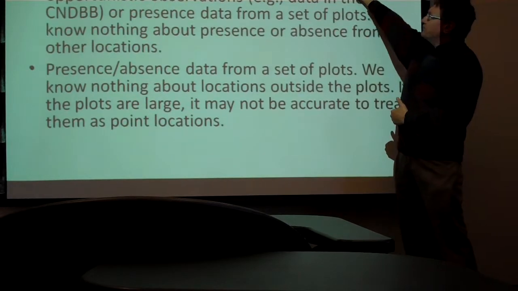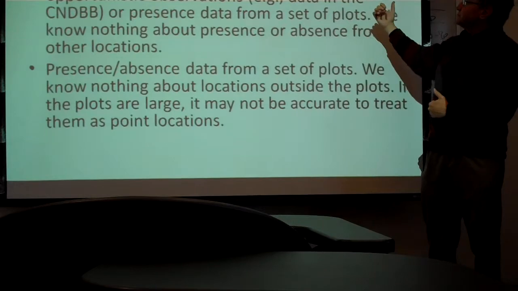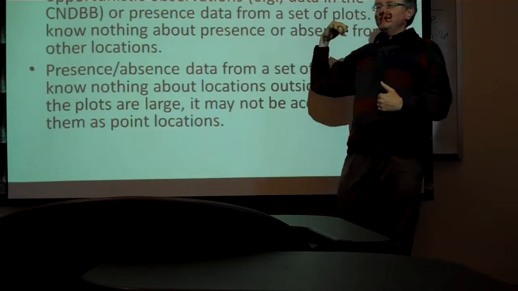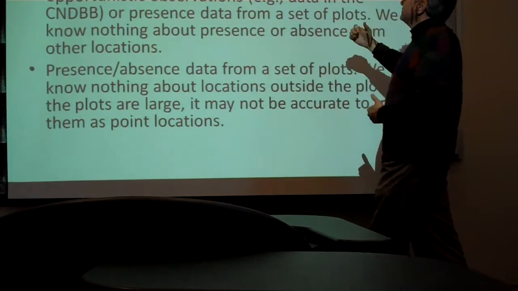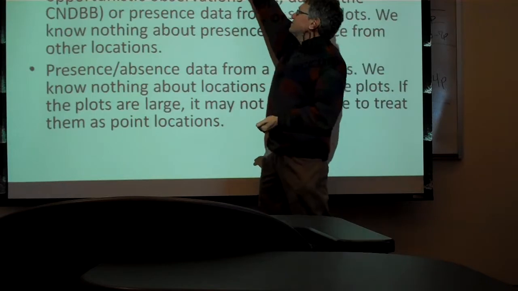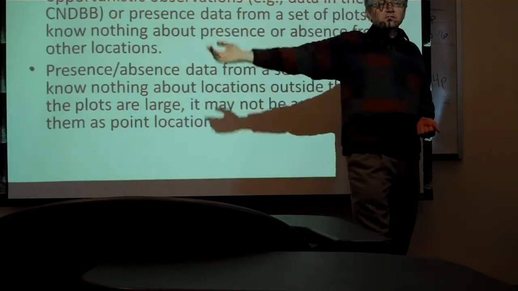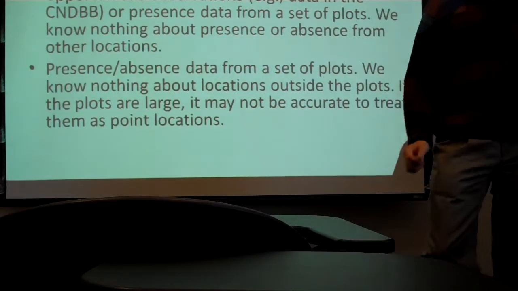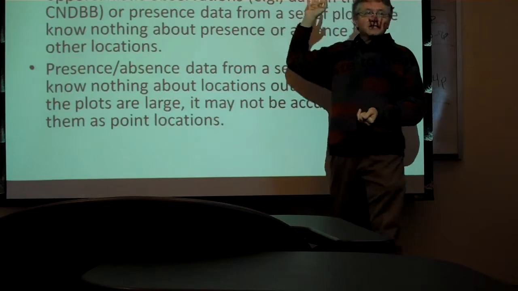So in fact, this first case: if we have locations of all occurrences, often the occurrences are called events. So the event is the occurrence. The entity, whatever it is we're looking at, whether it's species or industrial facilities or insurance claims, is absent from all other locations.